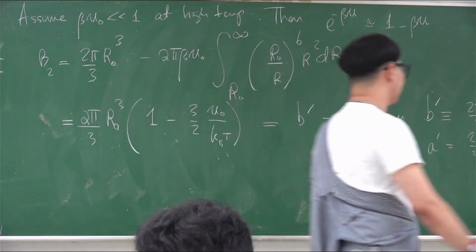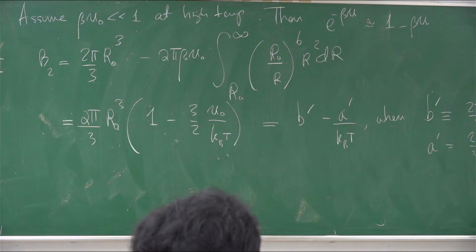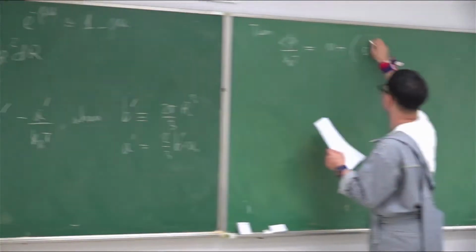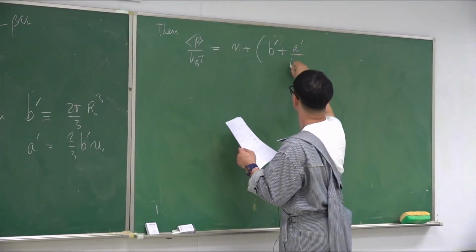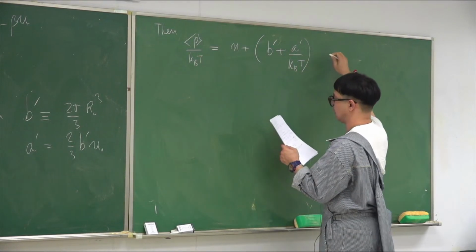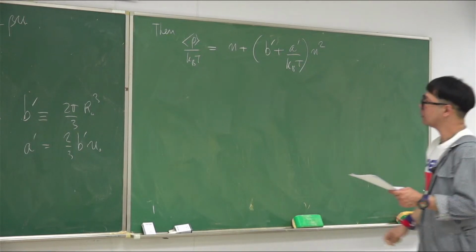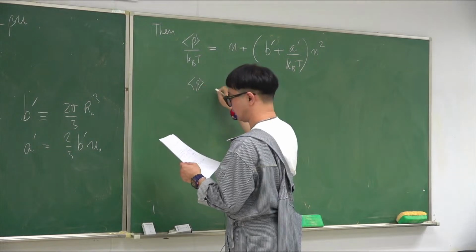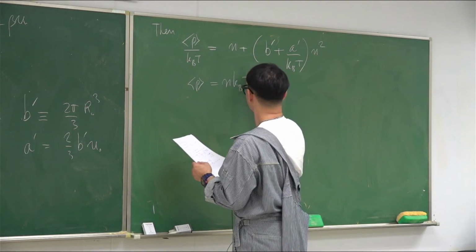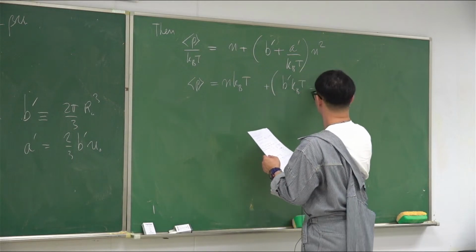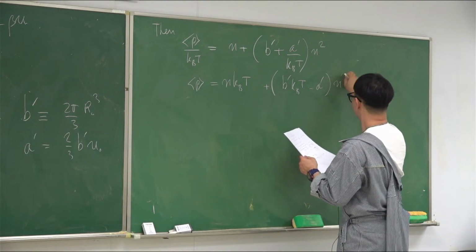But anyway, with this one, we get, you have this one, and n squared. Okay.